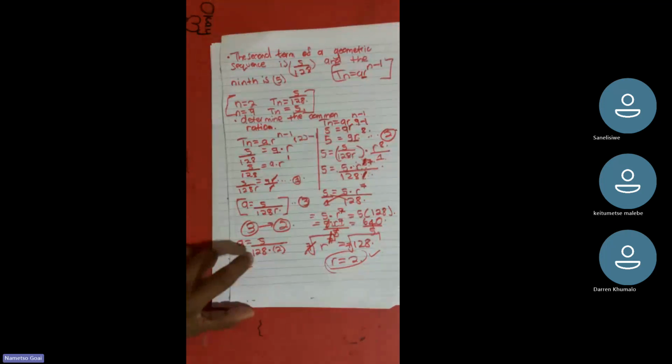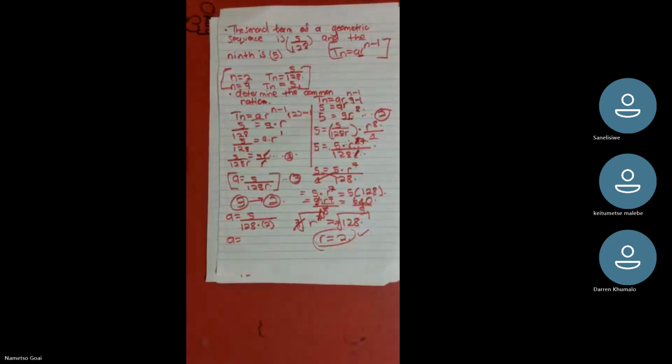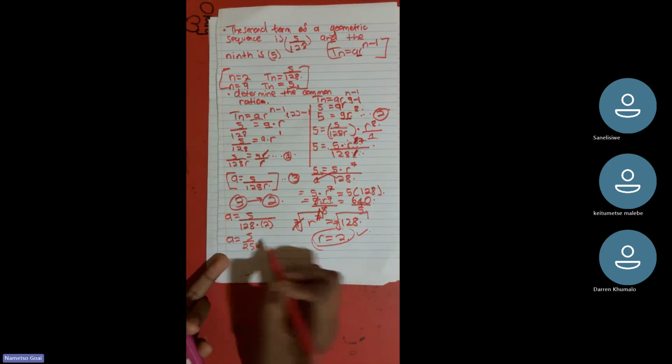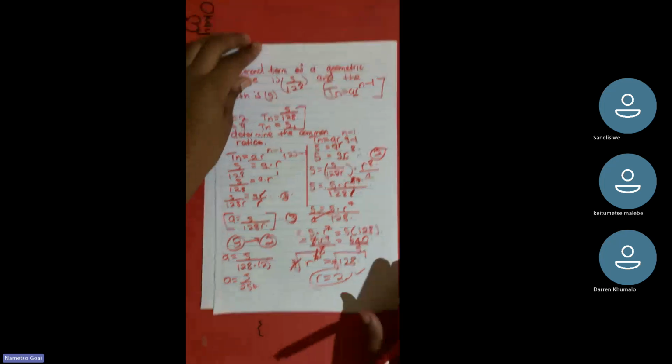Can somebody compute this for me? Five over 256. 5 over 256.